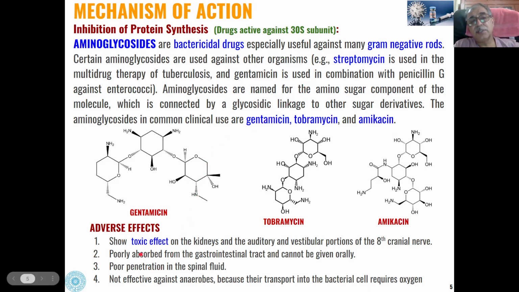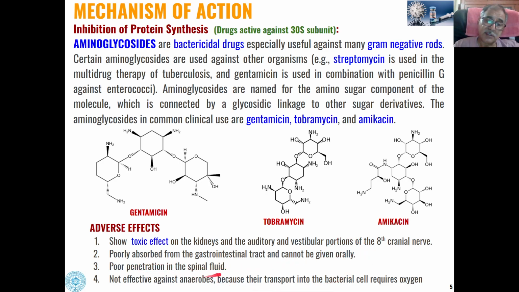Then all these aminoglycosides have some adverse effects also. For example, they show toxic effects on the kidneys and on the auditory and vestibular portions of the eighth cranial nerve. They are poorly absorbed from the gastrointestinal tract, and they cannot be given orally.